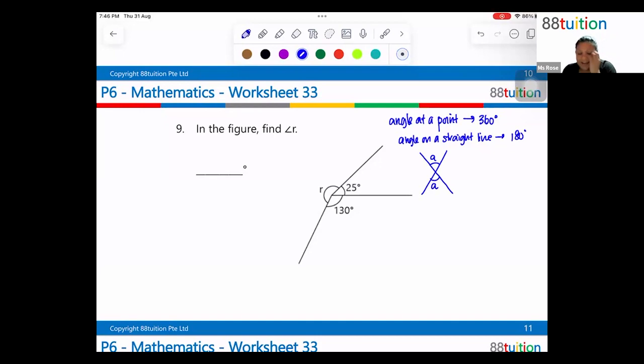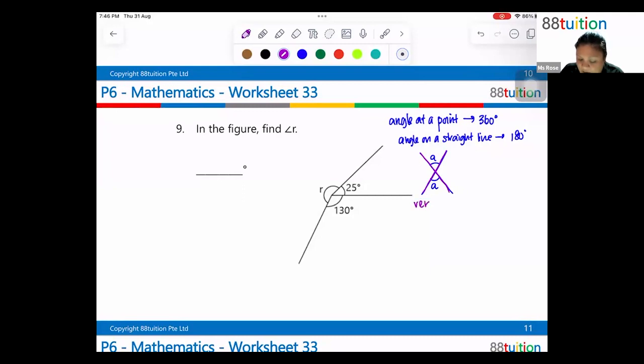So, what is the property that states these 2 angles are equal to each other, provided they tell you that these are 2 straight lines? So what's the property?